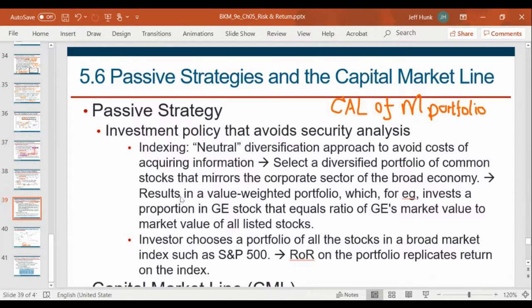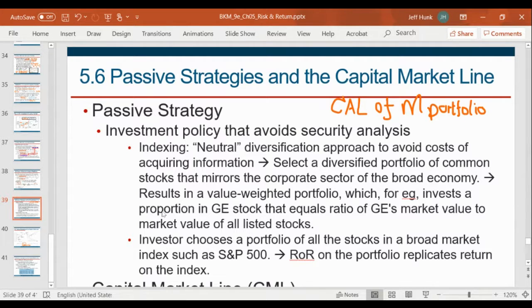That's a passive strategy. It's also called indexing, a neutral diversification approach to avoid the costs of acquiring information. So select a diversified portfolio of common stocks that mirrors the corporate sector of the broad economy.